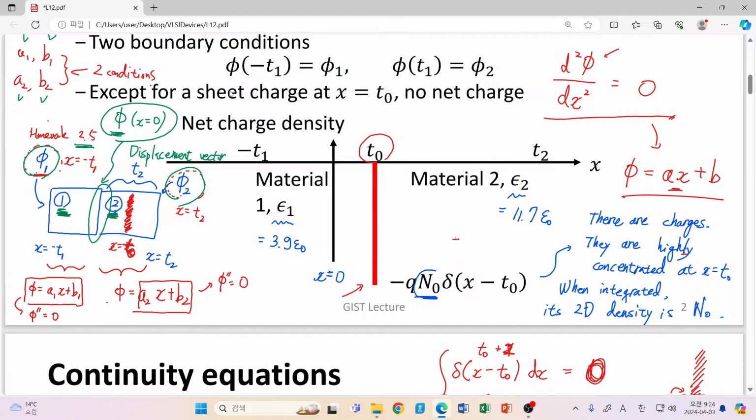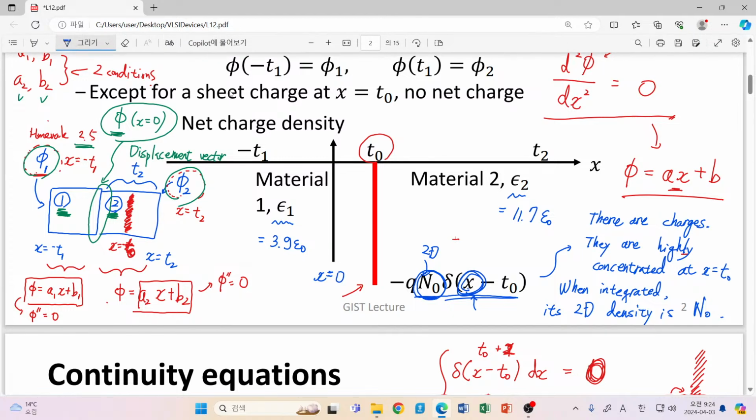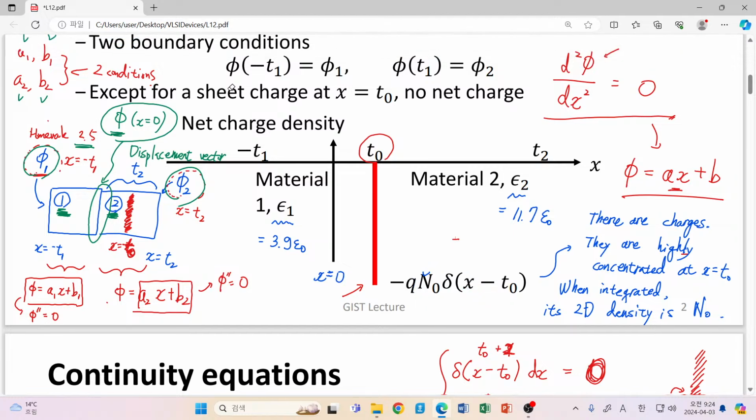When it has this two-dimensional density, and if it is really highly localized, then we can treat it as just a sheet charge, given as here. Along this x-axis it is highly concentrated, and for the other two dimensions this gives us just a two-dimensional density. Are you with me? Please note that n sub naught is 2D density, not 3D density.